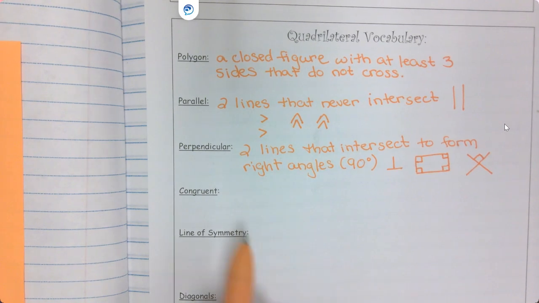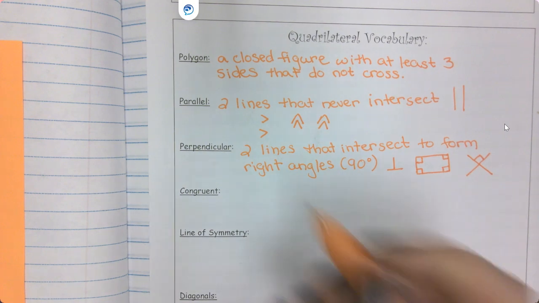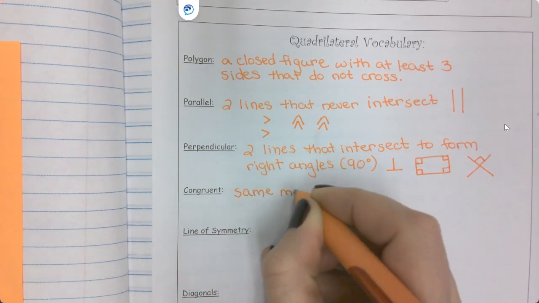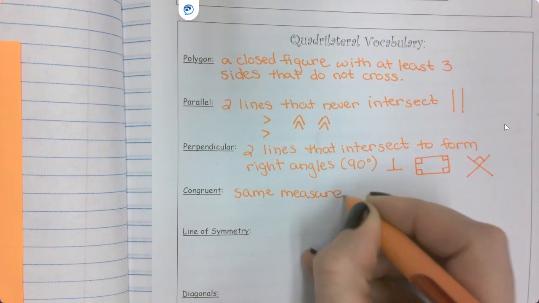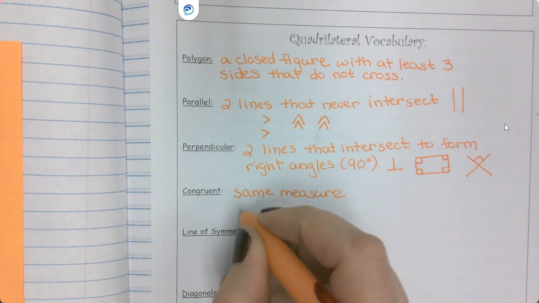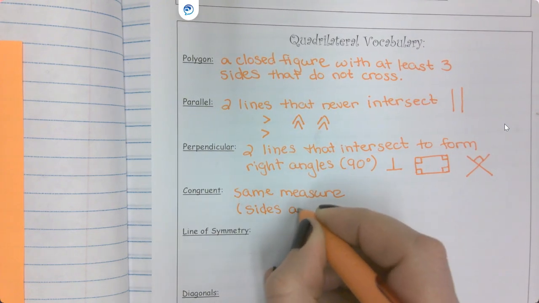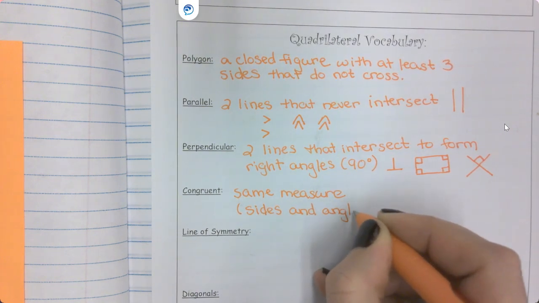So we've seen the word congruent before. We've seen congruent in our similar figures unit. Basically it means the same measure. When we were talking about shapes being congruent, we said they're the same shape and the same size. If we're talking more specifically about sides and angles, like you'll see more in this unit, being congruent means they're the same measure.